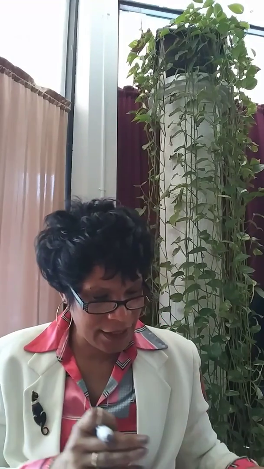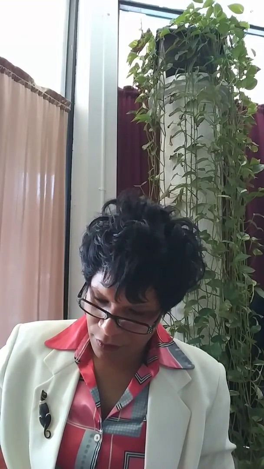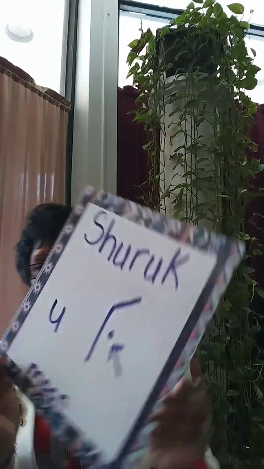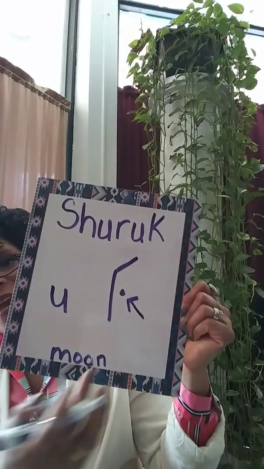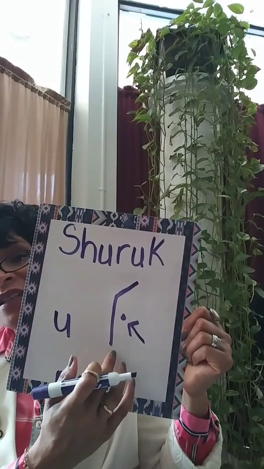But let me show you. Let me see if I can write this backwards so it can appear. You got to see this correctly. All right. Okay. You all see that? This is a wa or va, as in Yahweh's name.